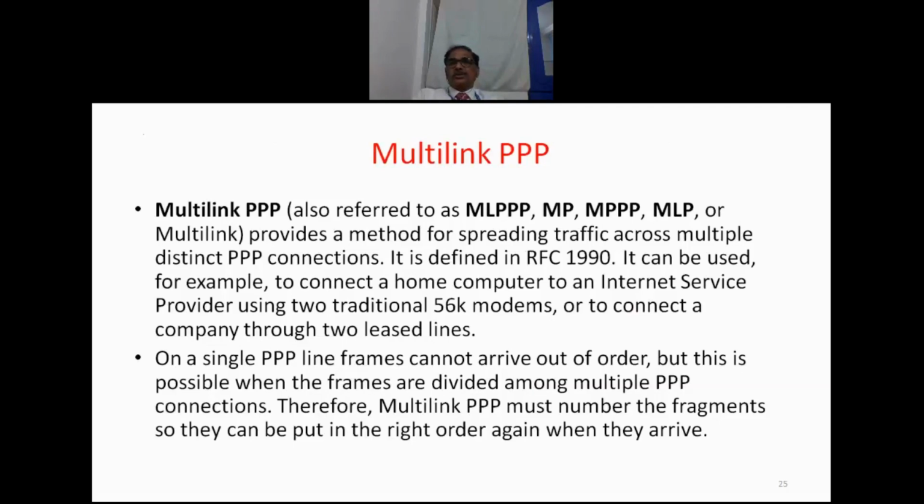So there is no guarantee that they arrive at the destination in the same sequence in which they left the sender. But at the destination, after receiving all of them, they will be rearranged in sequence before processing.